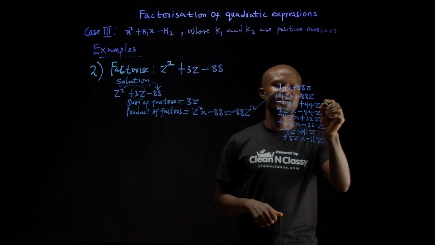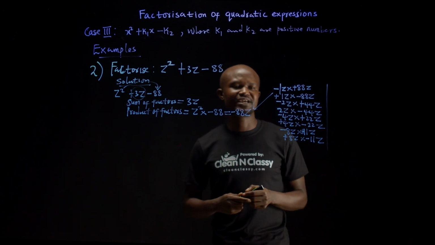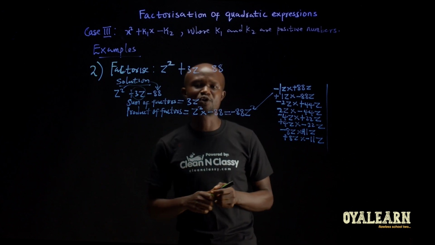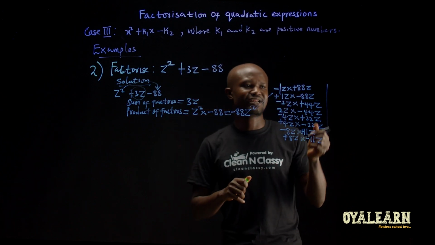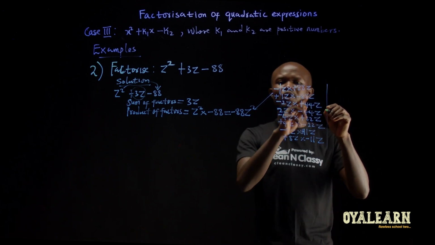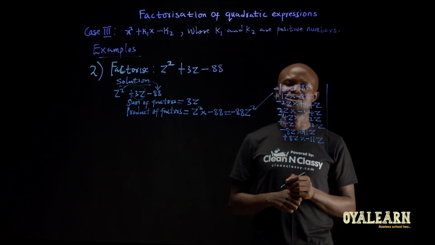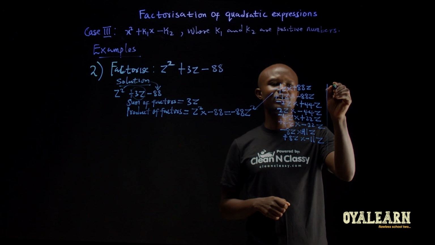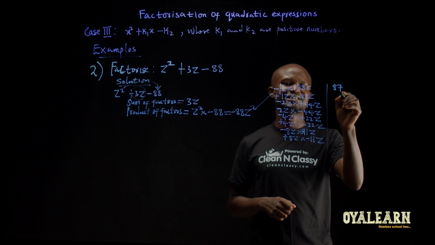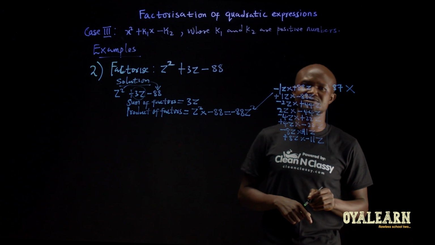Now, looking at them, let's check the set of values that will satisfy the sum condition. That is the next thing. Looking at the sum, we have minus 1 plus 88, which is the same thing as 88 minus 1. That will give us 87, and this does not satisfy the sum condition.